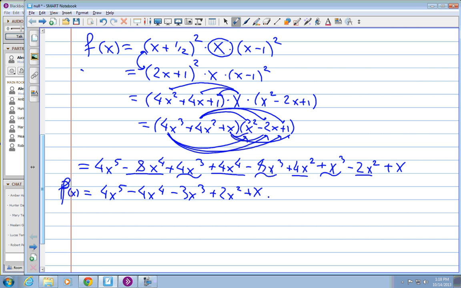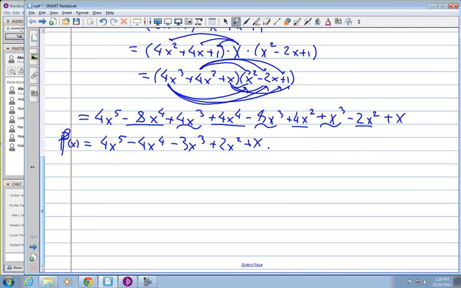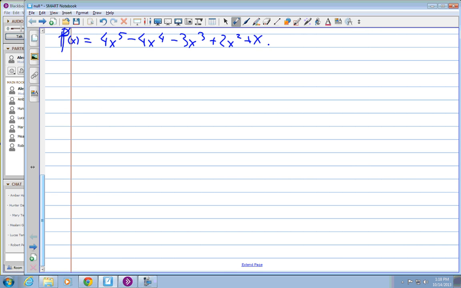Okay. Let's try another one. Yeah, we'll do that. Let me just do very similar problems. So still find a polynomial of degree 5 that has the following zeros.